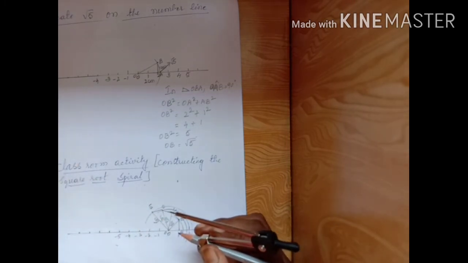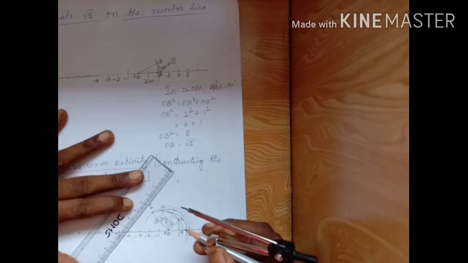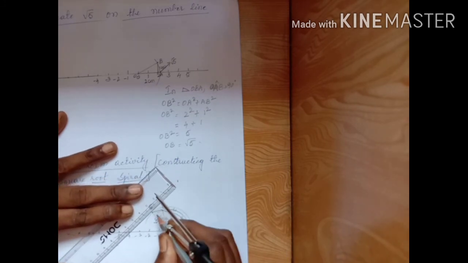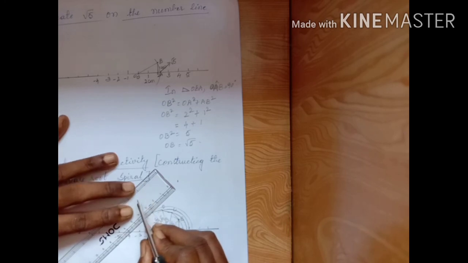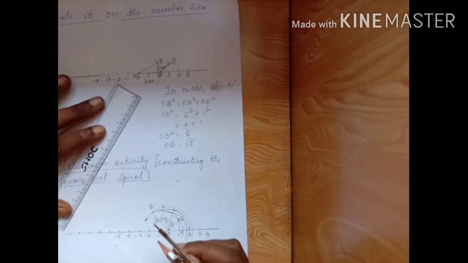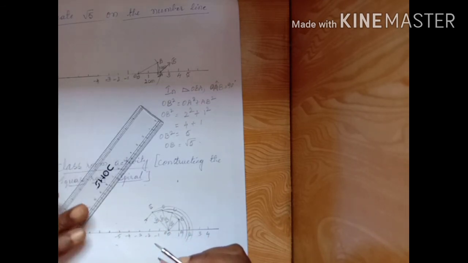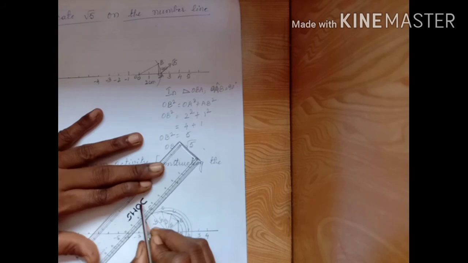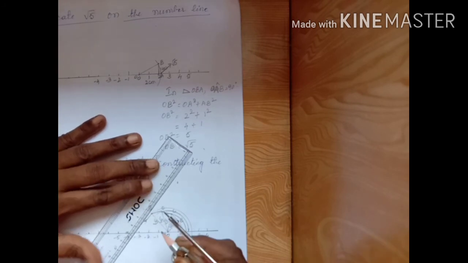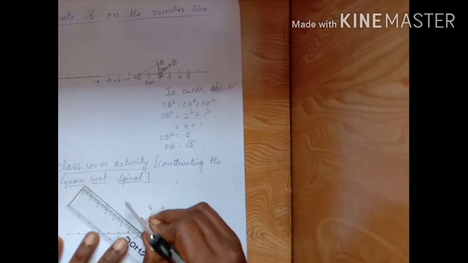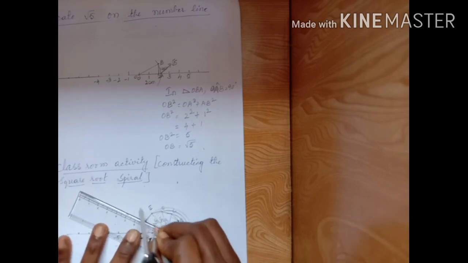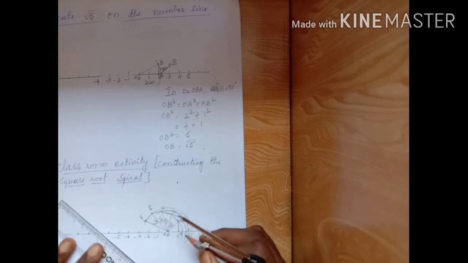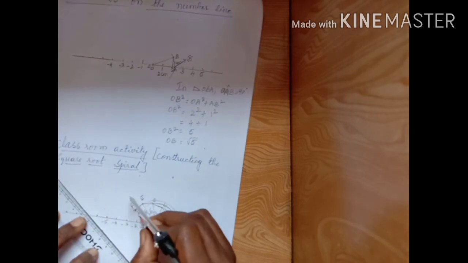Now we have to draw a line which measures 1 centimeter on this. Now we have to call that point as F. Then join OF. Now call that as square root of 6.